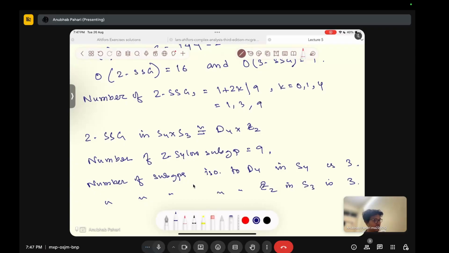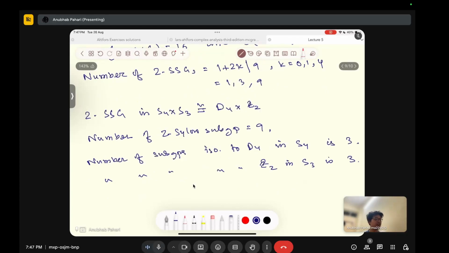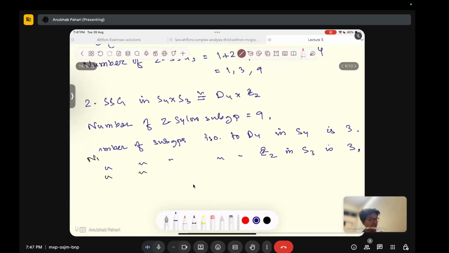And so why is the 2-Sylow subgroup in S4 cross S3 isomorphic to D4 cross Z2? How do we get it?